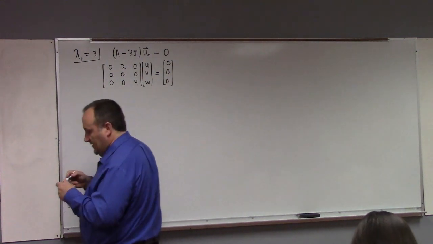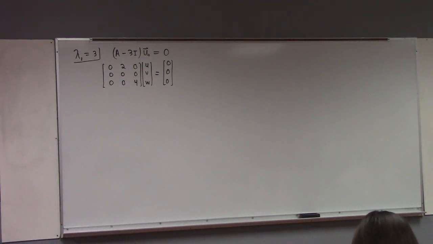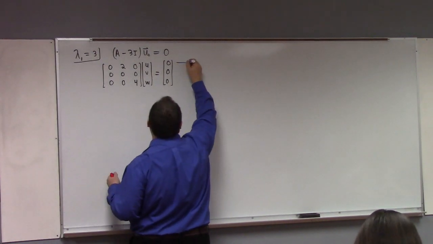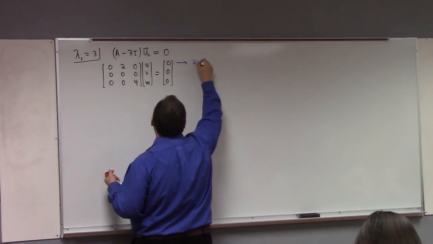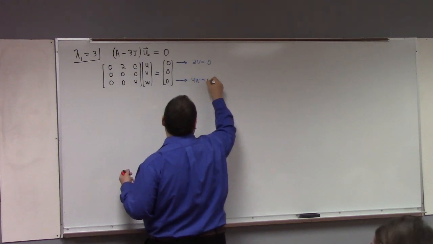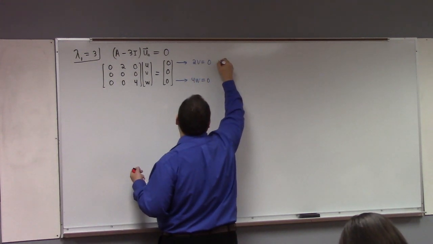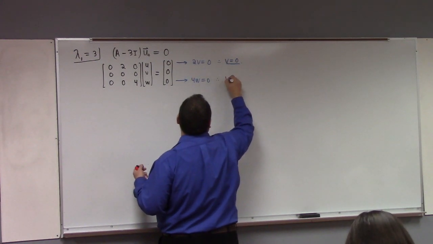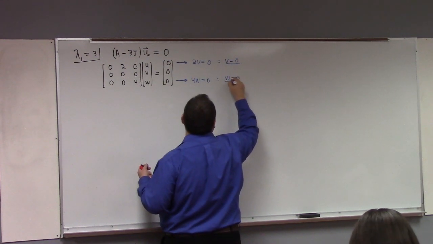All right, so the middle equation this time, totally trivial, right? And the top and the bottom equations, they're just kind of like, well, 2v is equal to 0, and apparently 4w is equal to 0. So therefore v is equal to 0, and therefore w. Uh-oh.